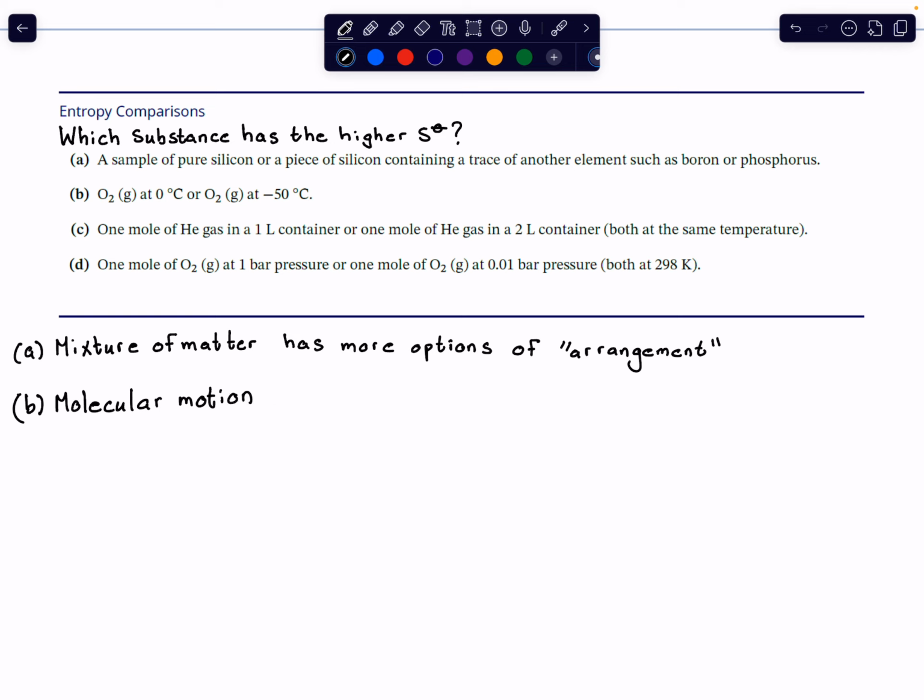Oxygen at 0 degrees Celsius will be able to move around more, right? Its molecular motion will be higher, and it will be able to disperse energy more. So in other words, the oxygen at 0 degrees Celsius will have higher dispersal.